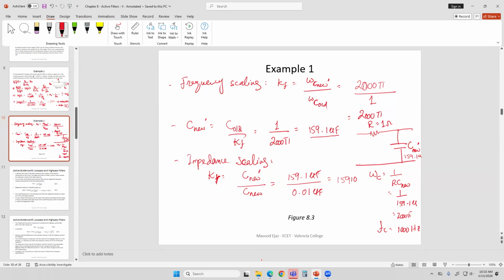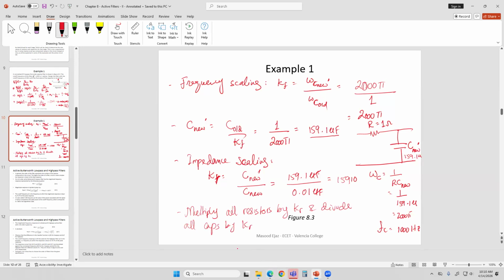That's our target anyway. So all you have to do is change the value of the resistor. So multiply all resistors, in this case one resistor, by KR, and divide all capacitors by it.